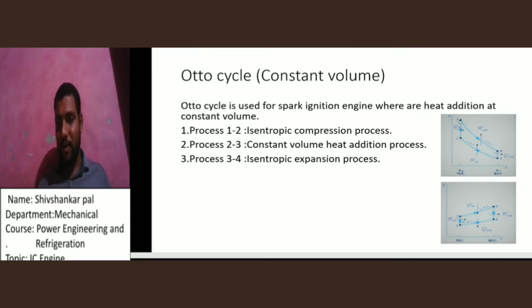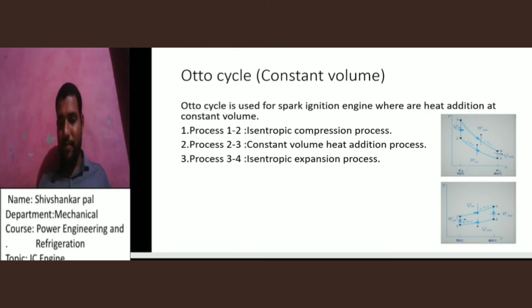Expansion means work output, so the work is done in the 3 to 4 process. Here again Q is constant: no heat addition and no heat loss, known as an isentropic process, so entropy S is constant. You can see in this figure that from 3 to 4, S is constant.